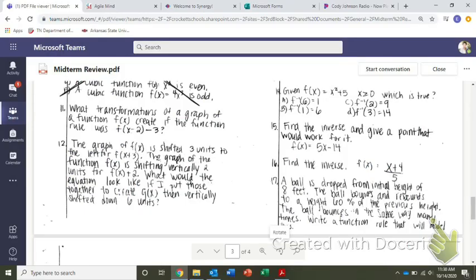On number 17, you've seen this question before. A ball is dropped from an initial height of 8 feet. So our first term is 8. The ball bounces and rebounds to a height of 60%. So our r is 0.6. Remember, you have to change that to a decimal from the previous height.